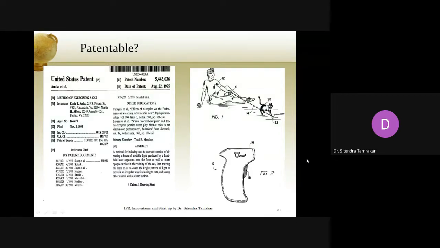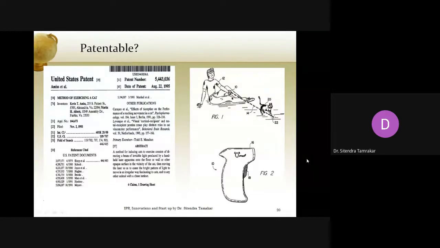Now you know this is patentable. I am not talking only about this gun. The gun can go for a patent, but the entire process that person follows for exercising a cat can also get a patent.